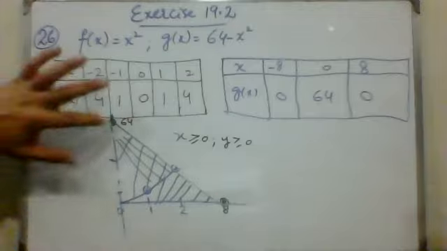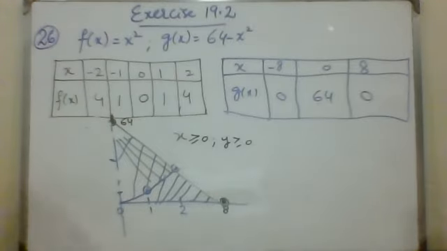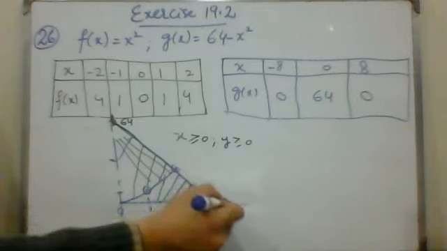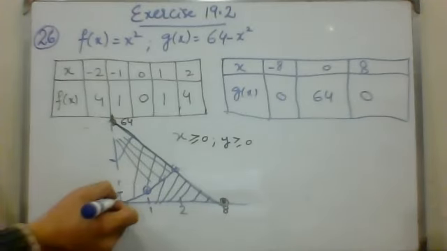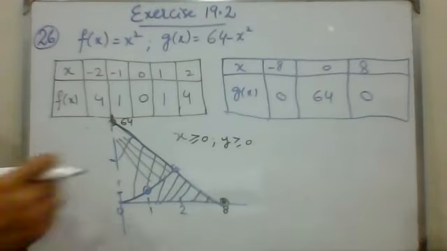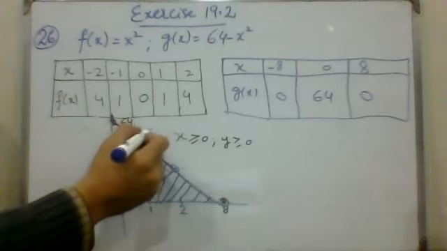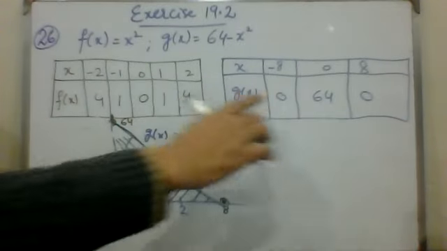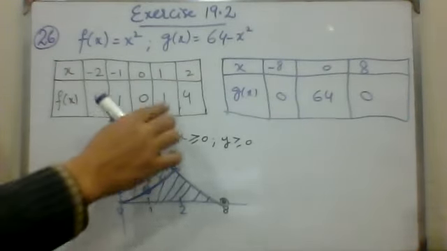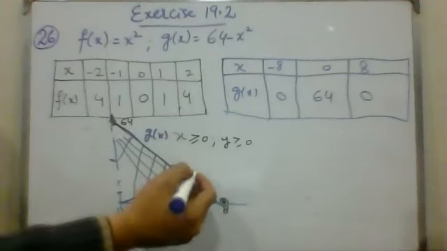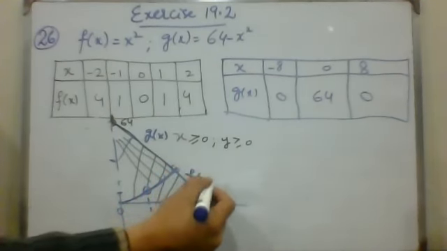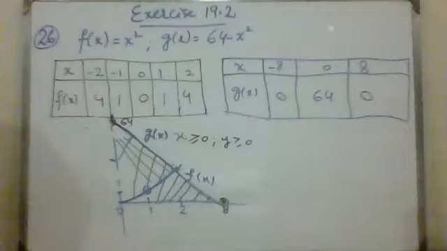The first graph comes from above to below, and the second graph goes from below to above. That function is g of x because it gives us 64, and the function which gives us the value 0 is another function, f of x. So we find that area.